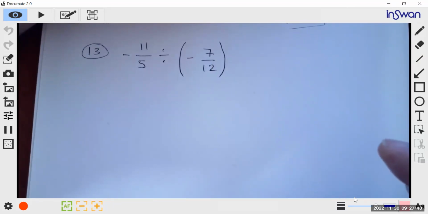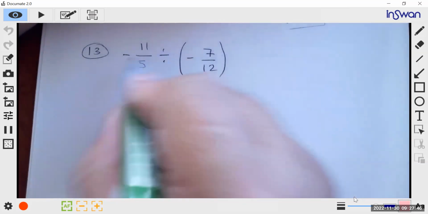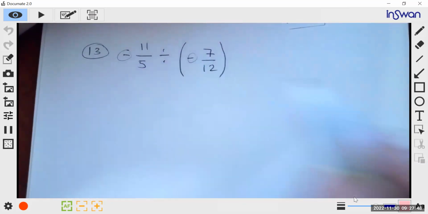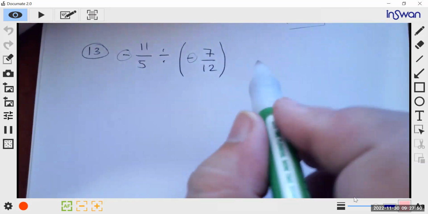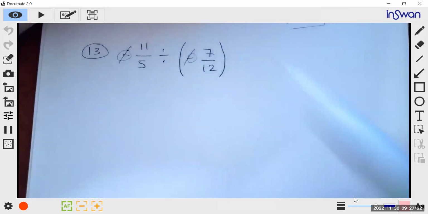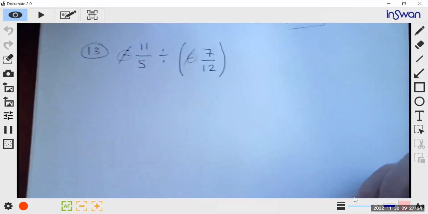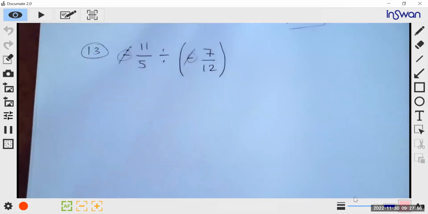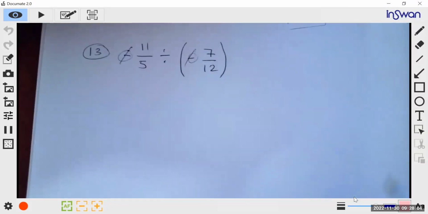So the first thing we do is what? So what are the negatives? Yeah, they're both the 2 negatives in the equation, and it's multiplication division, so they cancel each other out. If you have multiplication and division as an equation, if you have an even number of negatives, the answer is positive. If you have an odd number of negatives, the answer is negative.